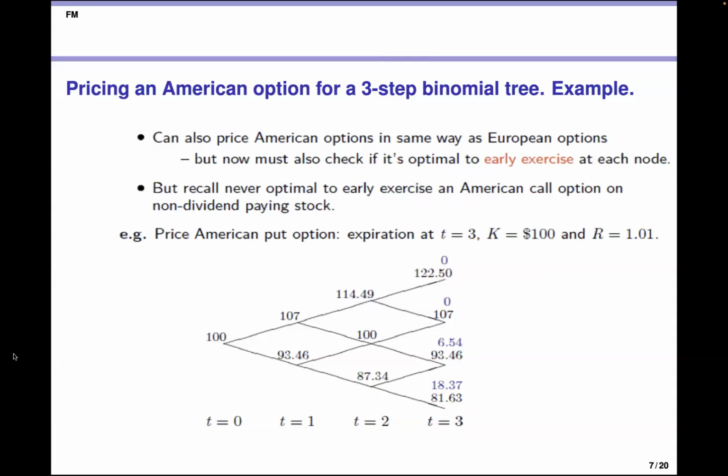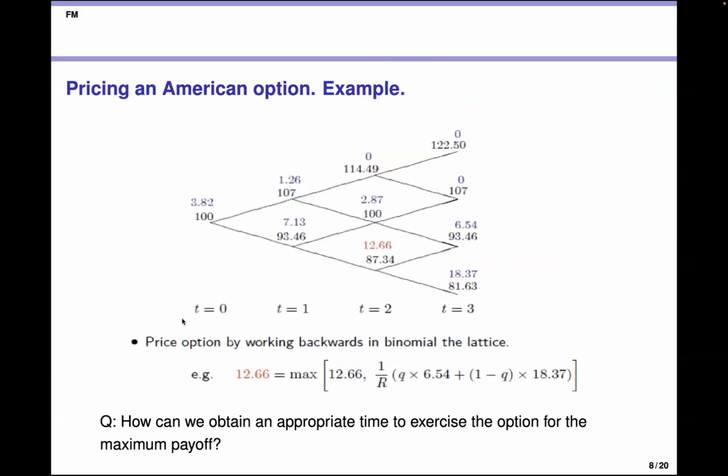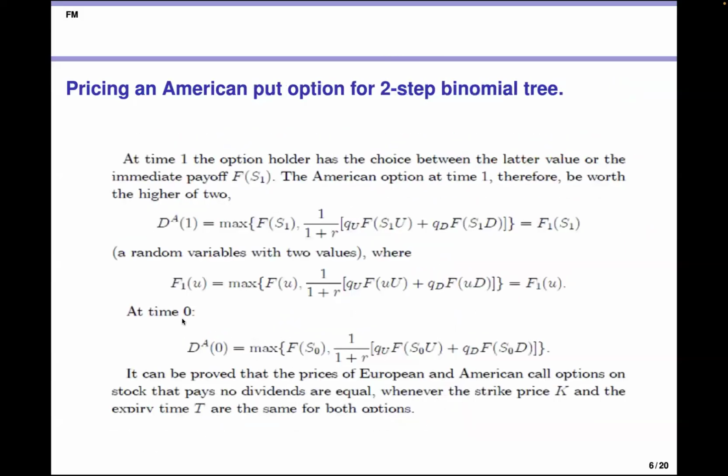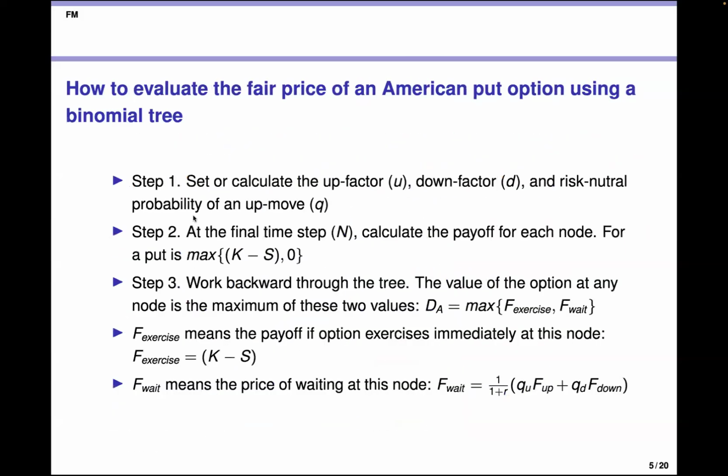And we will go back to our steps. So it was step 2 on the example. It is like the maximum between K minus S. And step 3 is the main step.